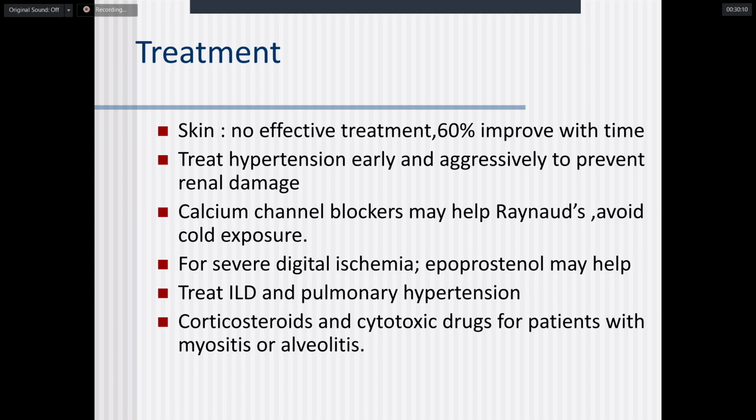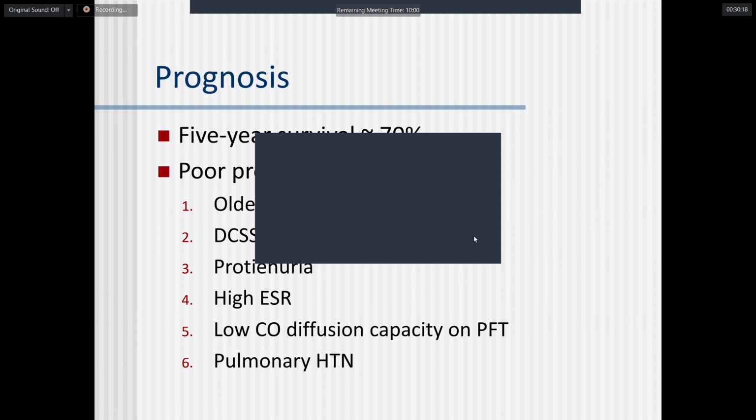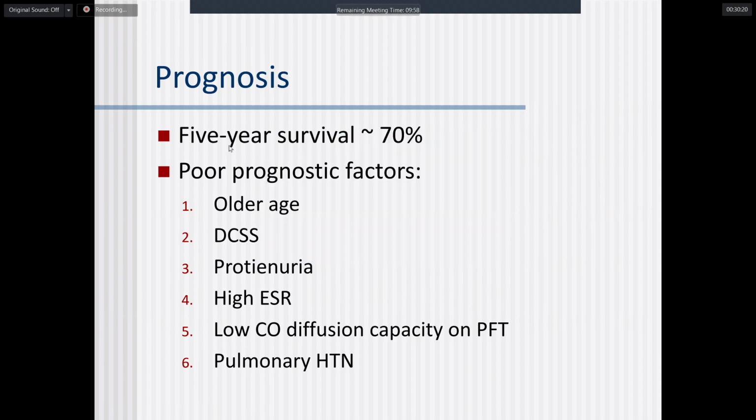Corticosteroids and cytotoxic drugs for patients with myositis and alveolitis. Prognosis, 5-year survival 70%. Poor prognostic factors: old age, diffuse cutaneous systemic sclerosis, proteinuria, high ESR, low CO diffusion.